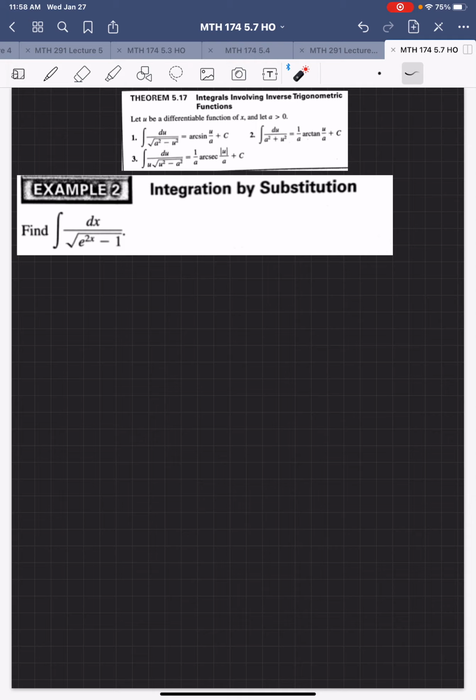Well, let's see if we can figure out which of those formulas works. Upon first look, we definitely can rule out arctangent, because we have a square root.